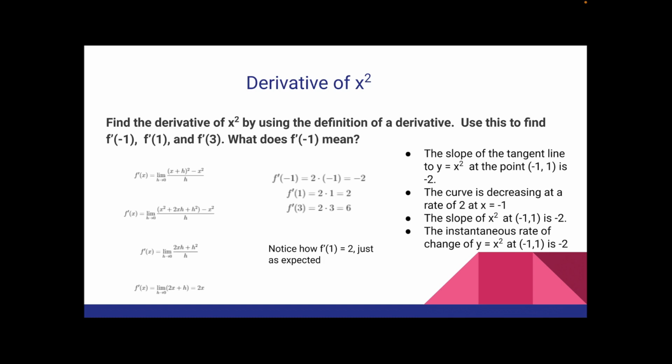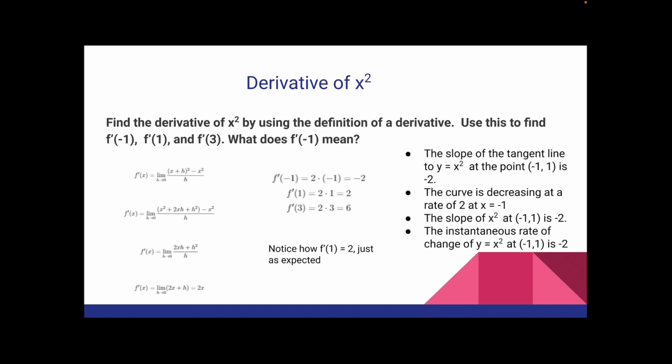In other words, for any x value you plug into f prime of x, you'll end up with the slope of the tangent line for x squared at that x value. If I plug in x equals -1, I get f prime of -1 is equal to -2. I get f prime of 1 equals 2, just as expected from previous slides, and f prime of 3 is equal to 6. Then what does f prime of -1 mean?